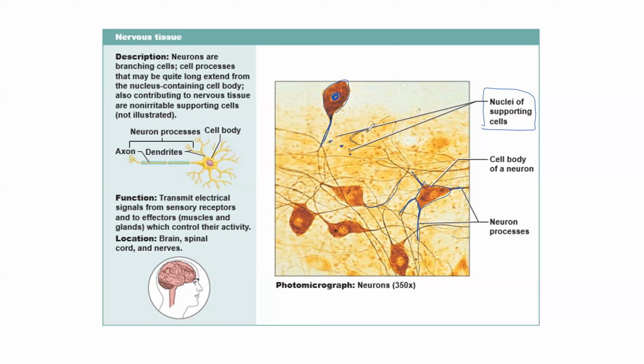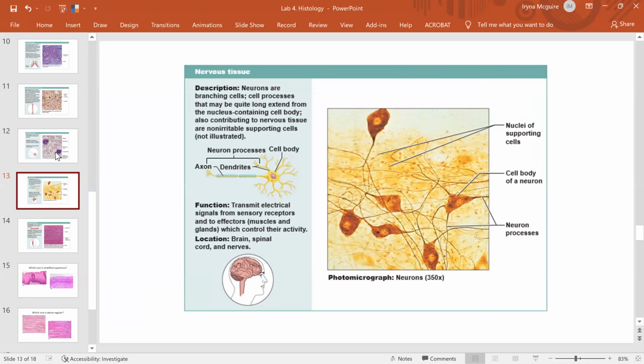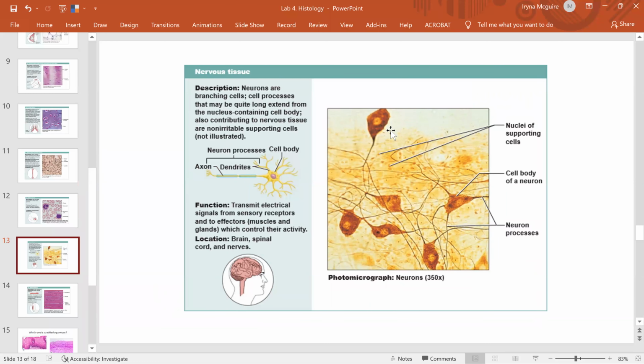lots of processes. Now, those processes are not the same as in your connective tissue. In the connective tissue, let me go back and show you. So look at this slide.